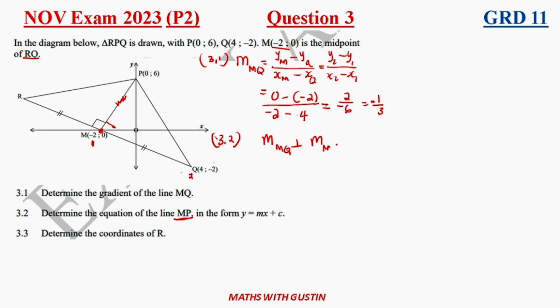So here you can multiply throughout by the reciprocal of -1 over 3, which is -3 over 1.